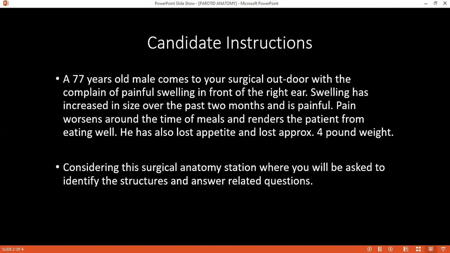Then we have the carotid artery, then the auriculotemporal nerve, then the retromandibular vein. Then we have the deep parotid lymph nodes. Okay, what about the auriculotemporal nerve? Auriculotemporal nerve, I have told, ma'am. It passes quite deep.